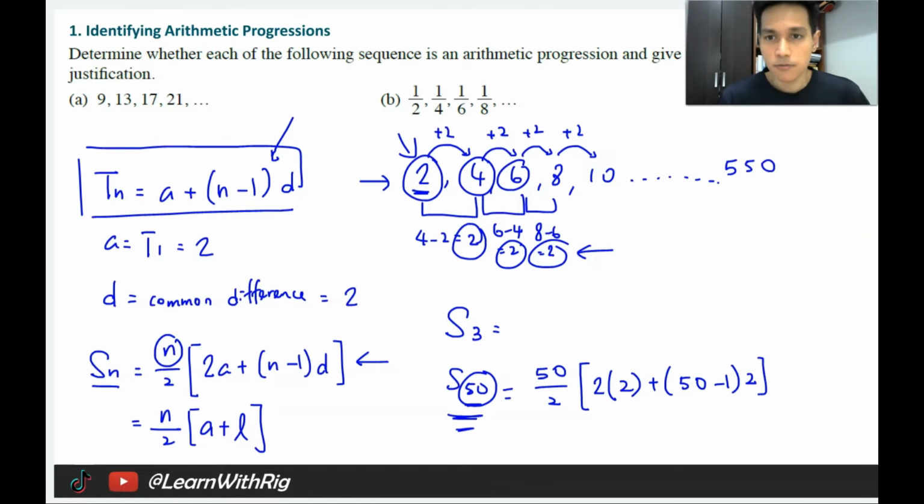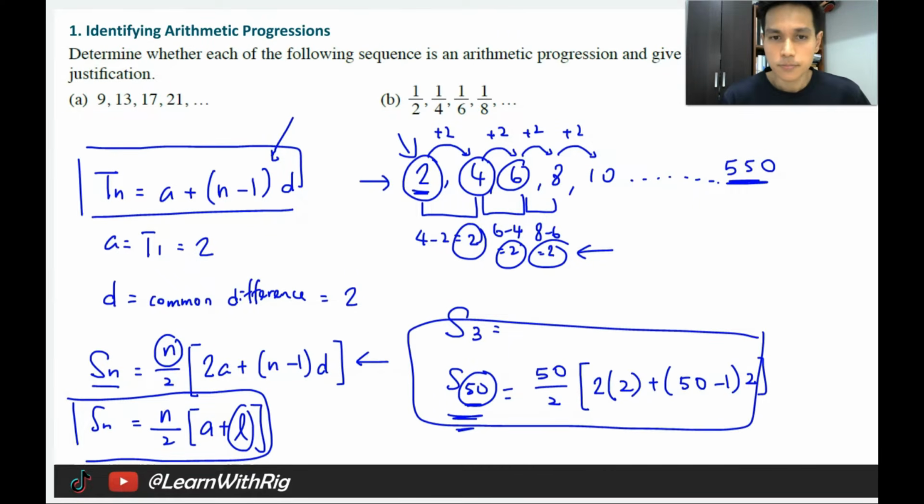Okay, they told you the final term is 550 and they want you to find the sum of all terms. So you can actually just use this formula as well, because you know what the L value is. The L value is the final term, which is 550. Okay, so instead of using the other formula, you can straight away use this because you know the final term.